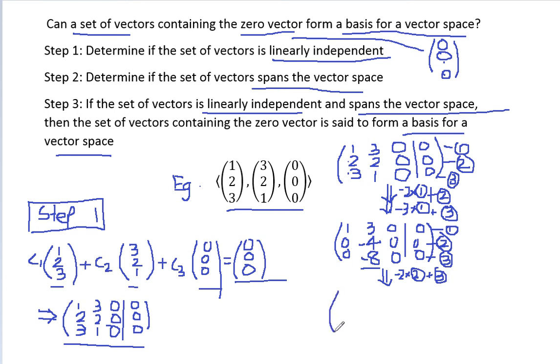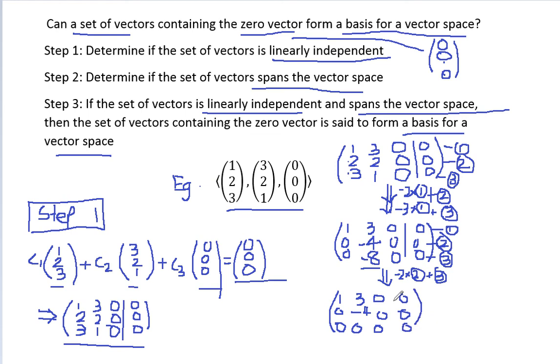Keeping row 1 and row 2 constant, 0, 0, 0, minus 4, 0, 0. For the third row, minus 2 times minus 4 equals 8, and 8 minus 8 equals 0. This will be 0 and 0.